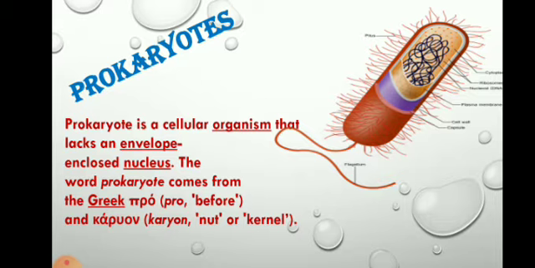The word prokaryote comes from the Greek word pro, which means before, and karyon, which means nut or kernel, meaning around their nucleus there is no envelope, no membrane, no nut-like structure. These organisms arose before the eukaryotes, which have the proper form of the nucleus.